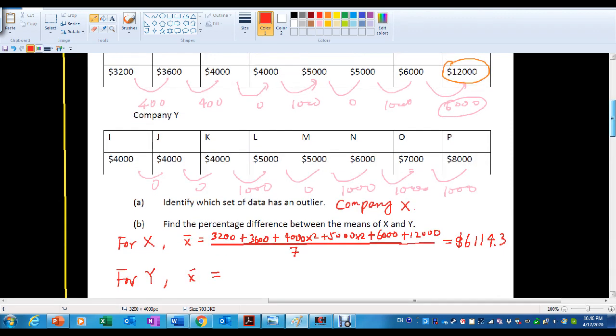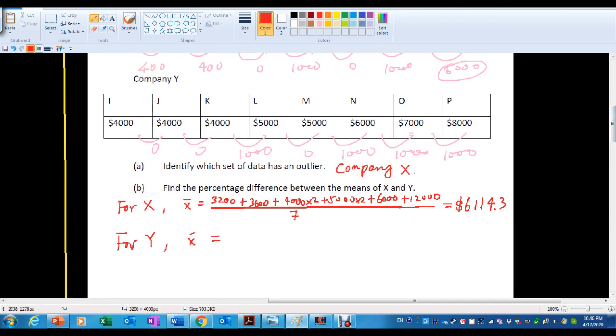it should be the second set. The second set is 4,000 times 3, 5,000 times 2, 6,000, 7,000, 8,000, divided by 7 again. So let's see what we are going to have.